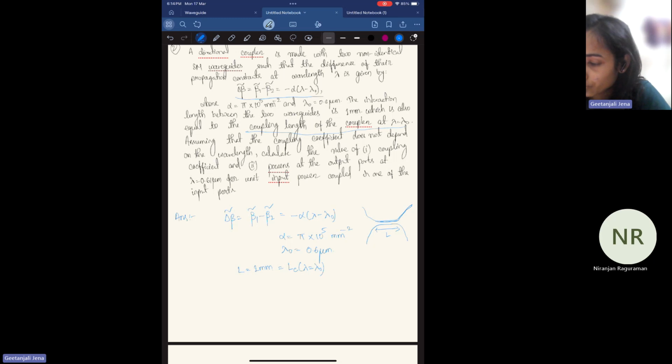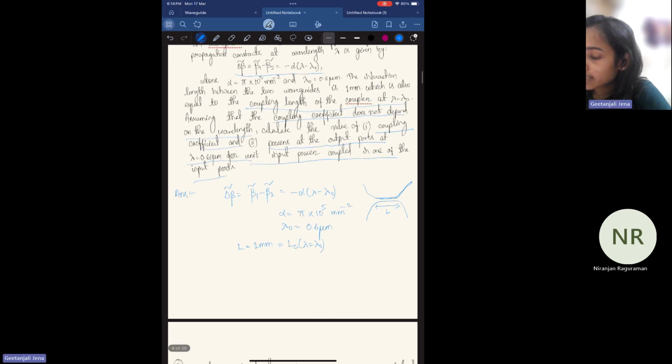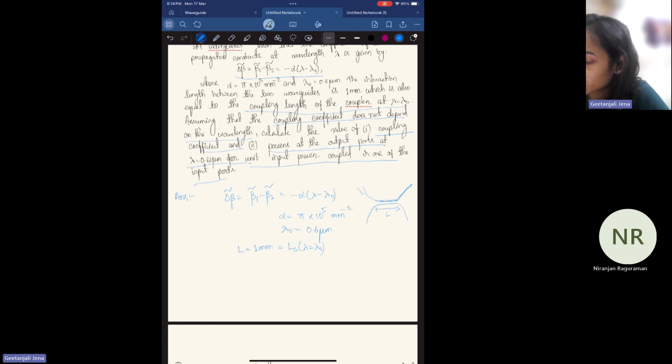Assuming that the coupling coefficient doesn't depend on the wavelength, calculate the value of coupling coefficient and the powers at the output ports at lambda 0.61 micrometer for unit input power coupled in one of the input. So what does it say? You feed P0 is 1 milliwatt or 1 watt, whatever unit you take.